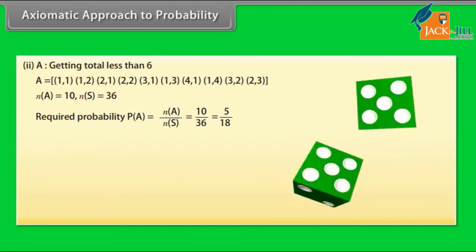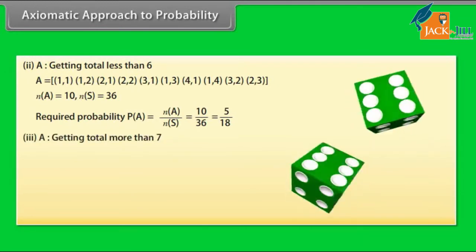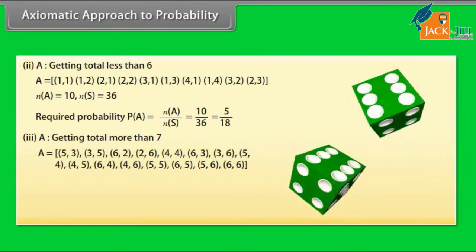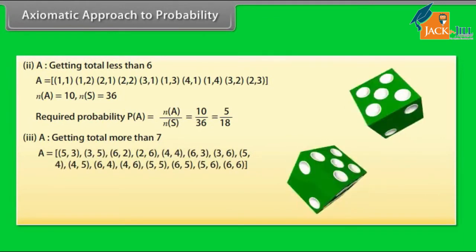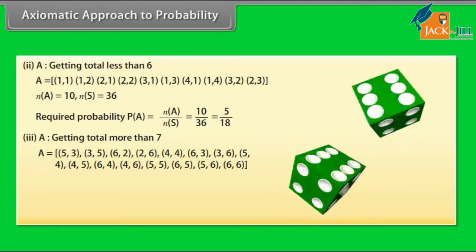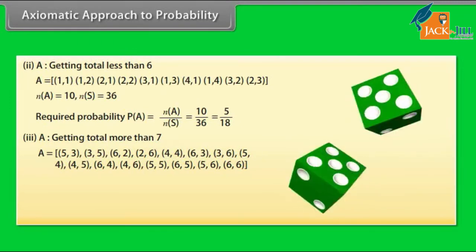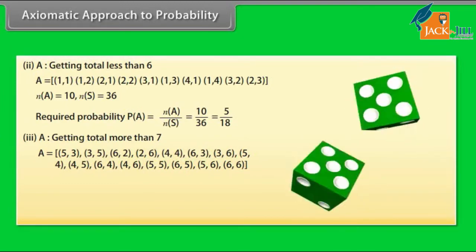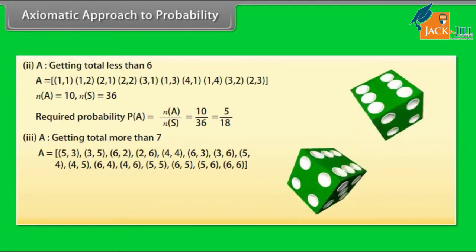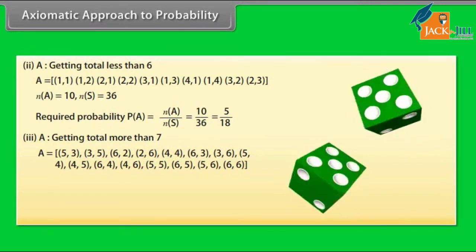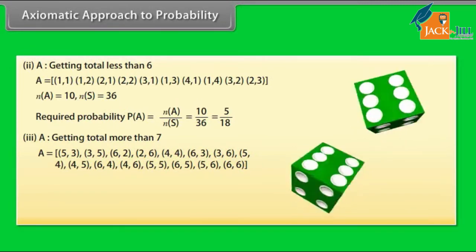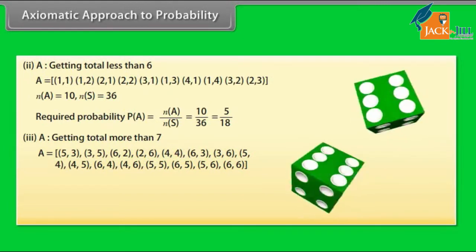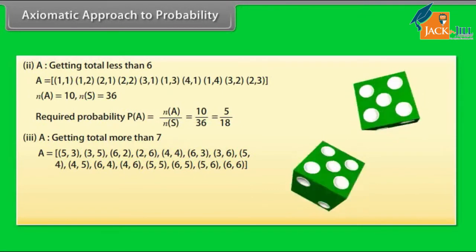3. A: getting total more than 7. A is equal to (5,3), (3,5), (6,2), (2,6), (4,4), (6,3), (3,6), (5,4), (4,5), (6,4), (4,6), (5,5), (6,5), (5,6), (6,6).